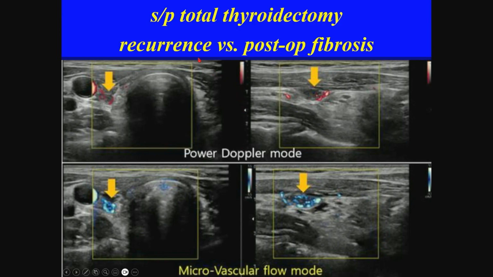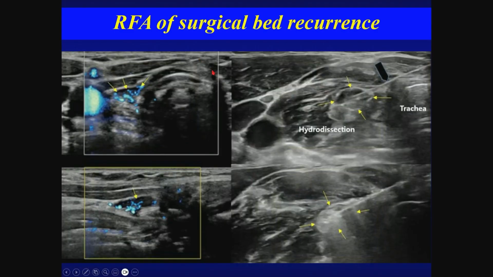Is it recurrence or post-op fibrosis? When we applied microvascular flow imaging, the lesion showed intense vascularity like this, which is compatible with recurrence rather than post-op fibrosis. So biopsy confirmed recurrence and then we performed RF ablation.